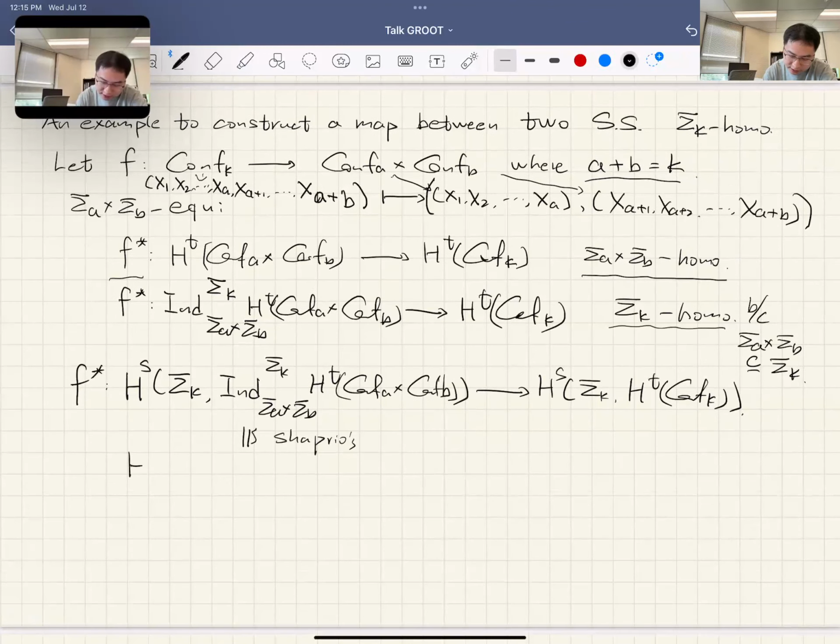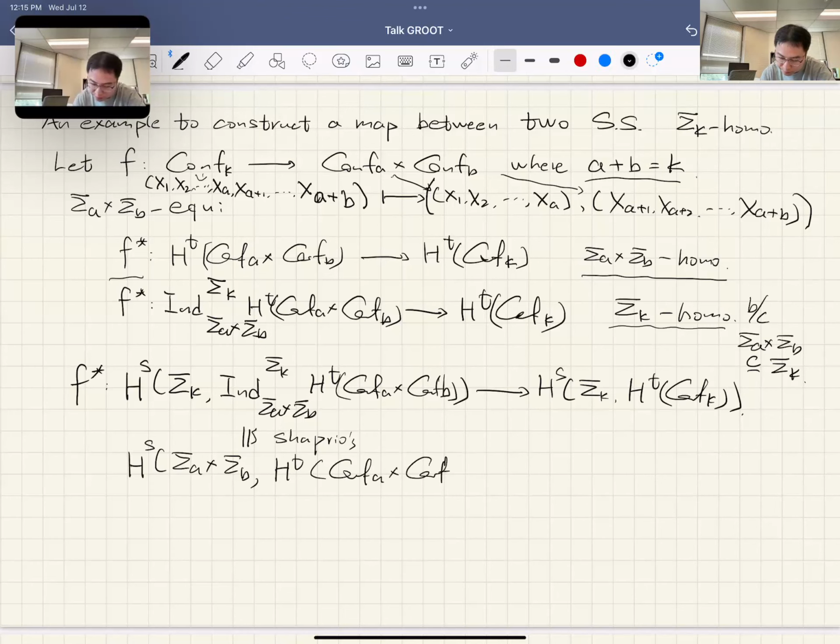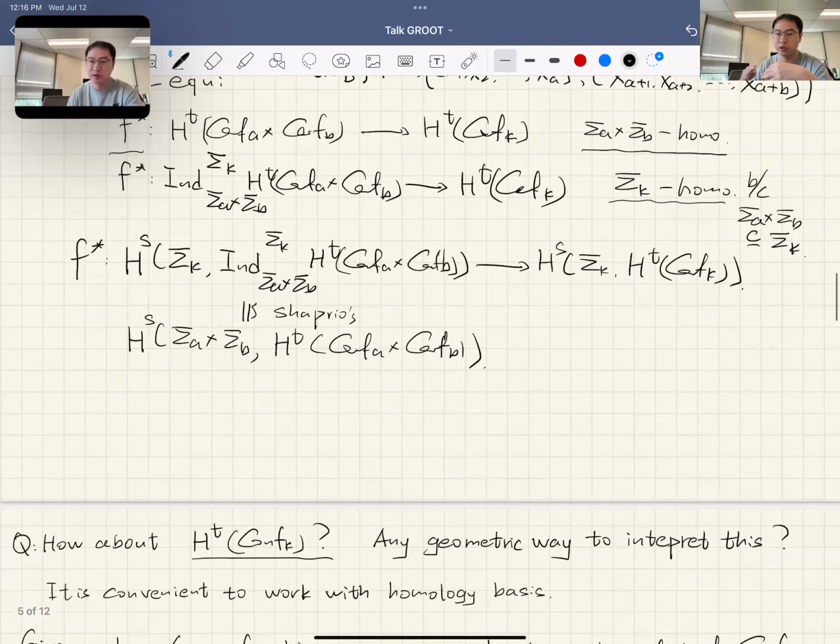We get that this is isomorphic to HS of sigma A times sigma B with coefficient HT of comp A times comp B. So if your input map is not sigma A times sigma B equivariant, we cannot build a map between two spectral sequences which commutes with the differentials in the spectral sequence.